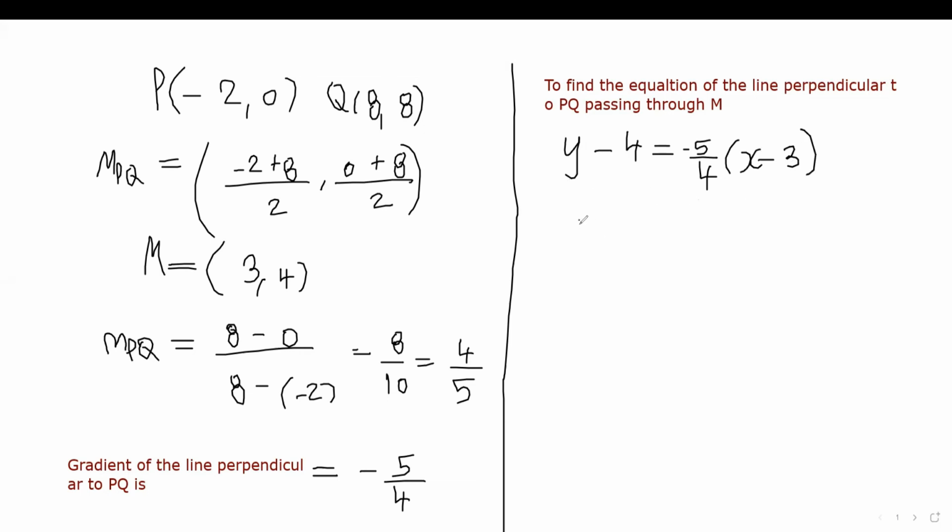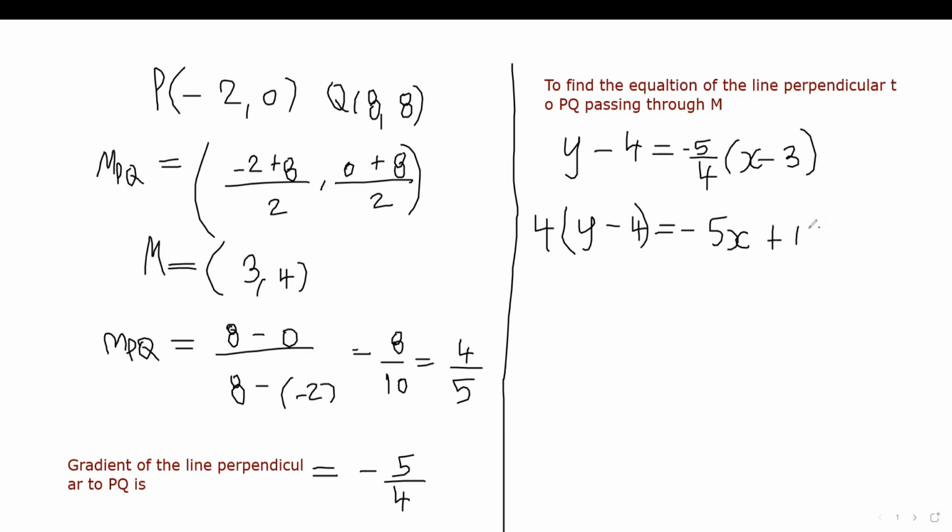Expanding, I'm going to multiply through by 4 first, so we get 4 times y minus 4 is equal to negative 5x plus 15.